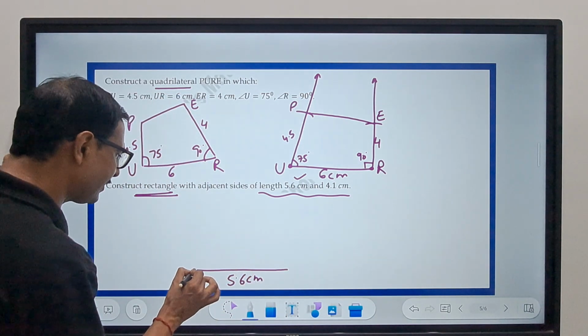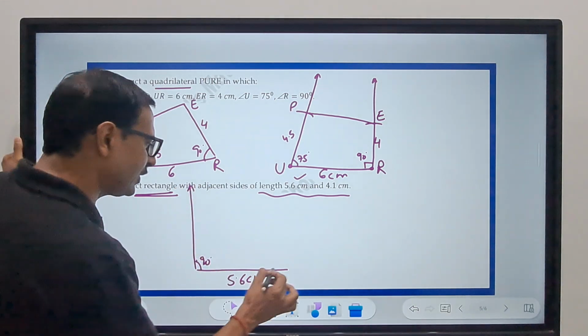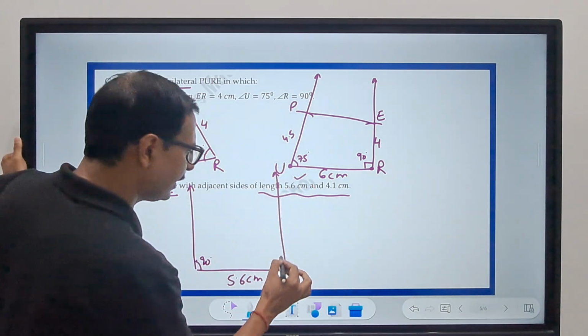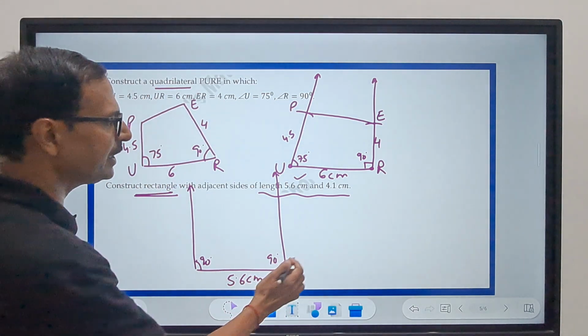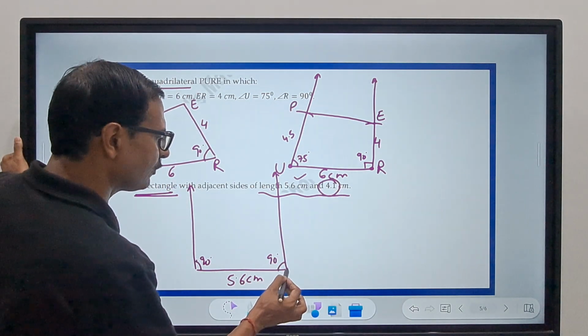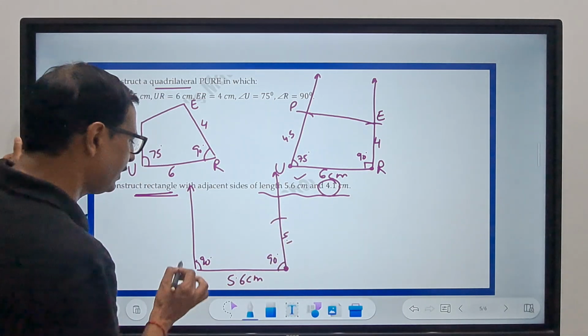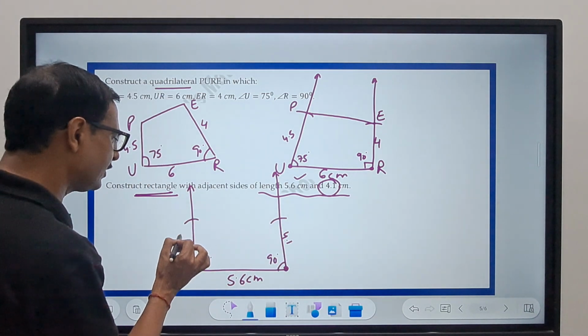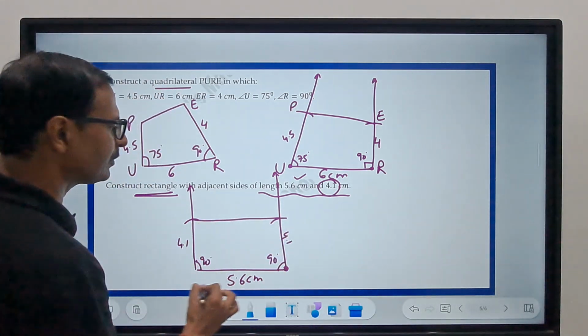So we know that here we should have a 90 degree angle, right? And here also we should have a 90 degree angle. So we can construct both angles as 90 degree, and I need a 4.1. So from here I will cut 4.1 centimeter, and from here also I will cut 4.1 centimeter, and join these two, I get my rectangle.